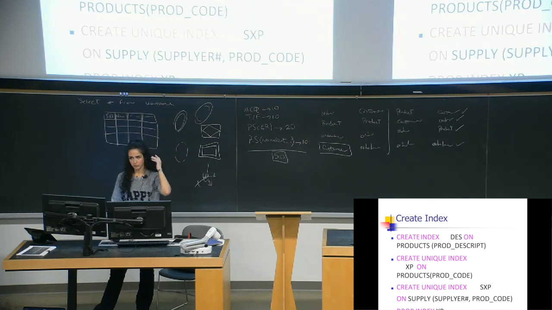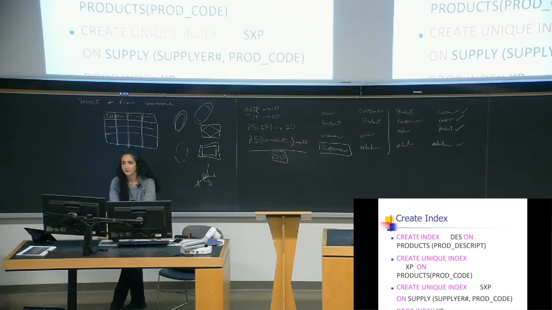Product code could not be an integer. Anyone from the back of the class? The column we are not updating very often.